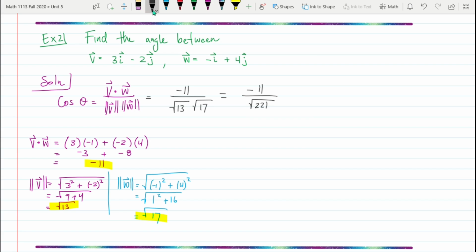And what we have right now is equal to cosine of theta. Well, I want theta, not cosine of theta. So what I'm going to do is cosine inverse of this.